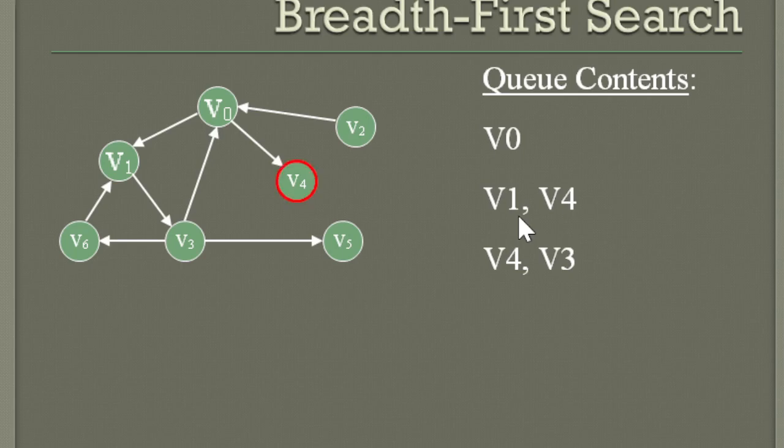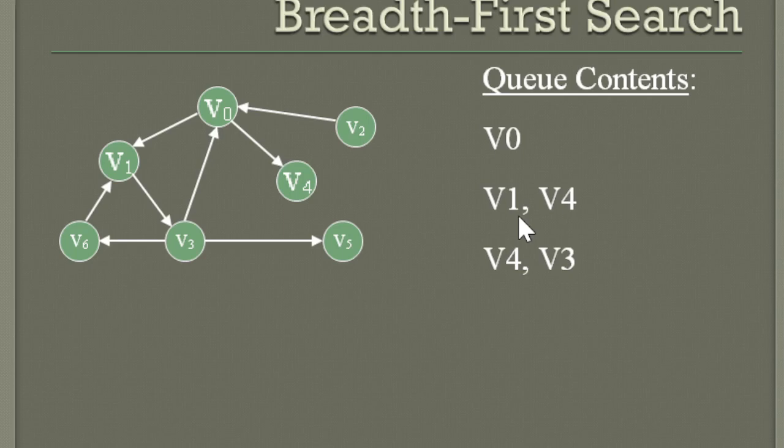V1 and V4 are level 2. So first consider V1, then go to V4. Either V4 or V1 can be selected first. Then V4 is the terminating node. So the second level is completed. So V4 is deleted from the queue.